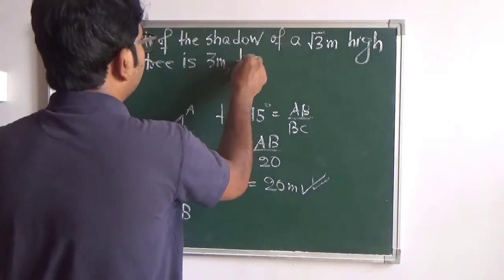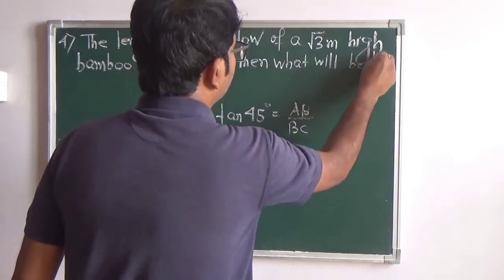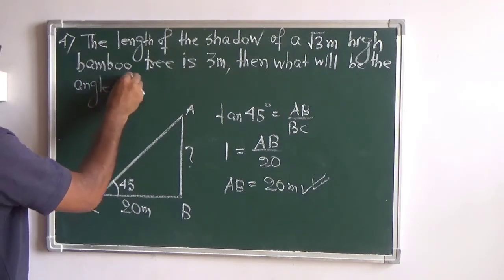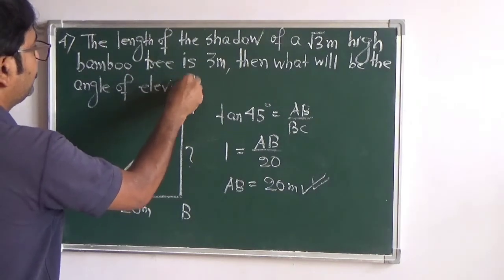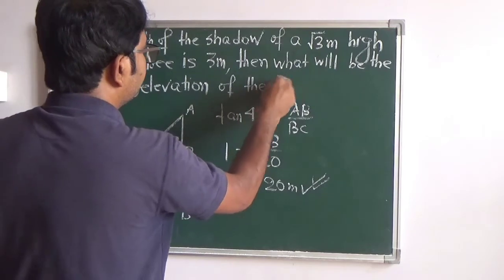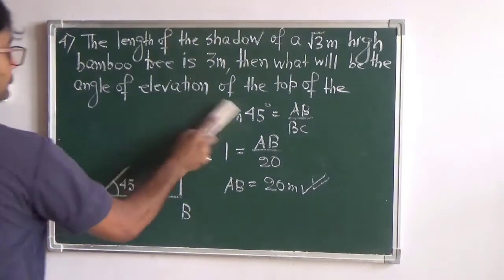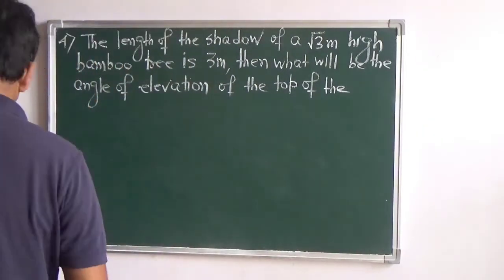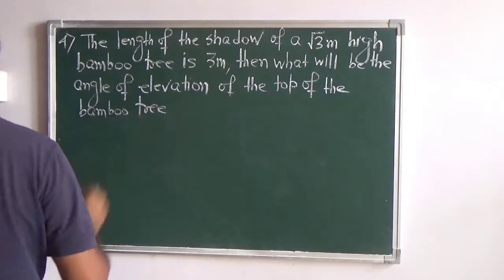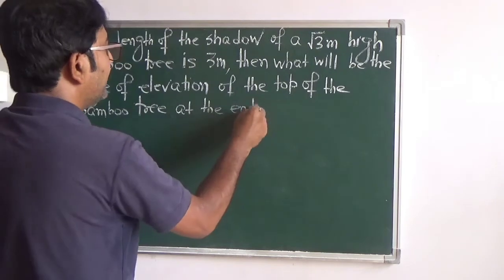Then what will be the angle of elevation of the top of the bamboo tree at the end of the shadow?